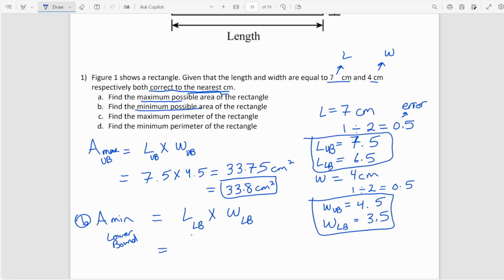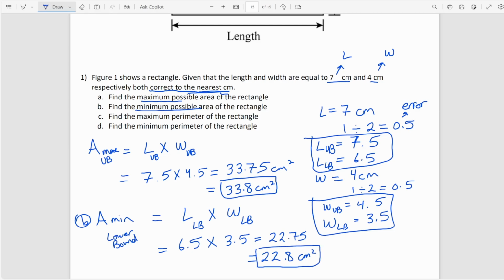Now the lower bound for the length is 6.5 and the lower bound for the width is 3.5. And now we can go ahead and substitute this on the calculator, and we get 22.75.